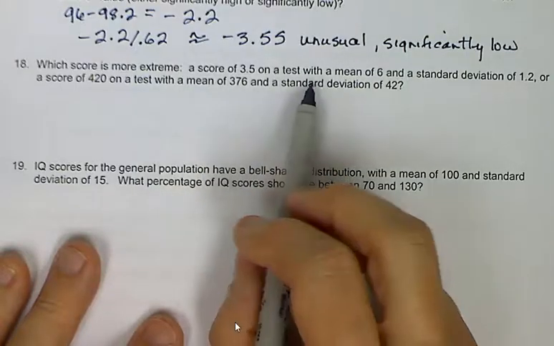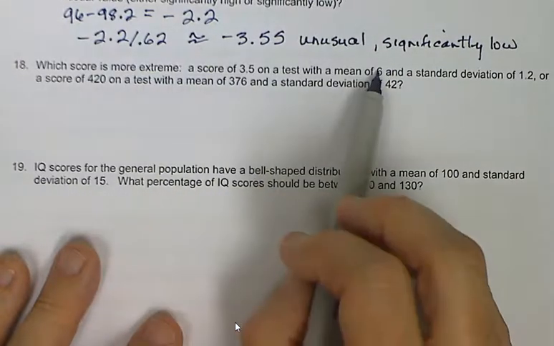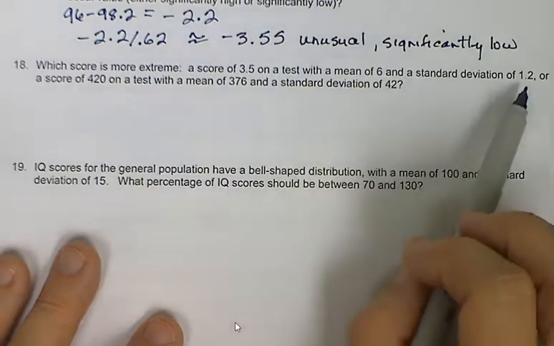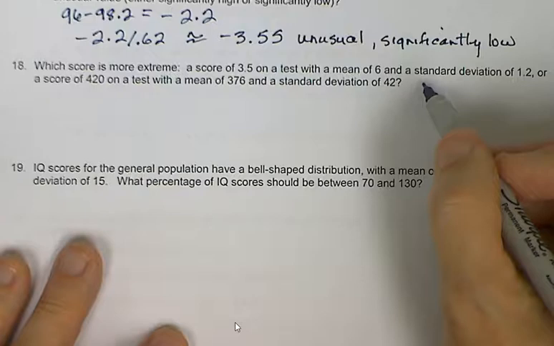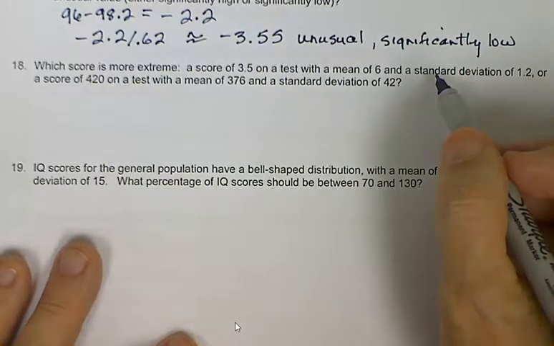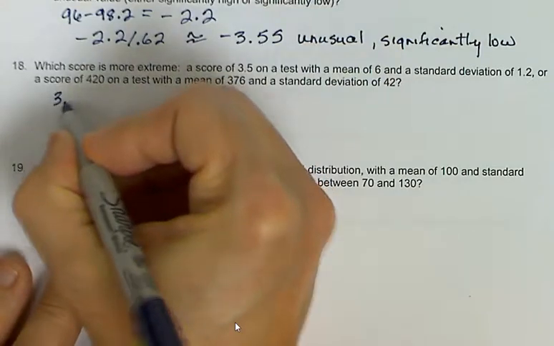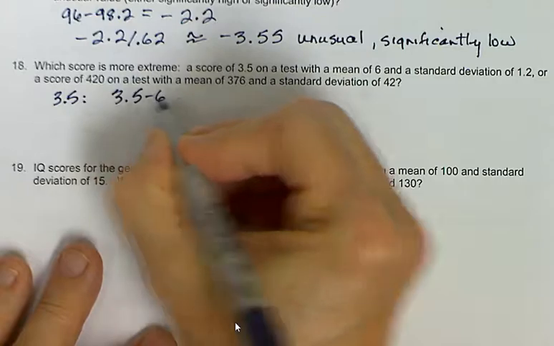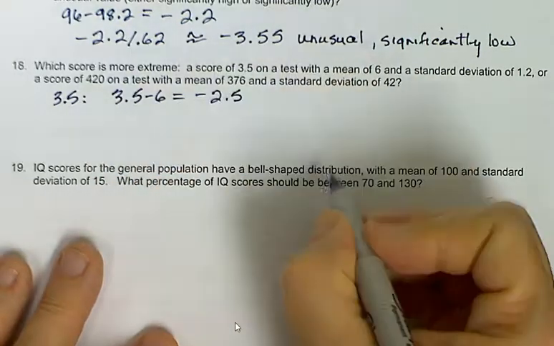Another thing we can do is compare 2 z-scores. For this one, we have 2 different test scores from completely different tests. They have different means and different standard deviations. So a good way to compare things like this is to find the z-scores. If we want to find the z-score for the 3.5, we're going to take 3.5 minus 6, which would give us a negative 2.5.